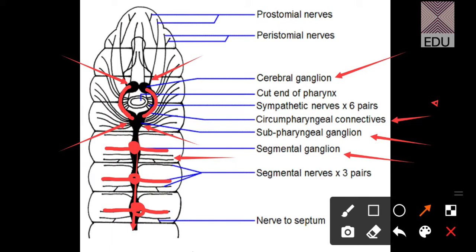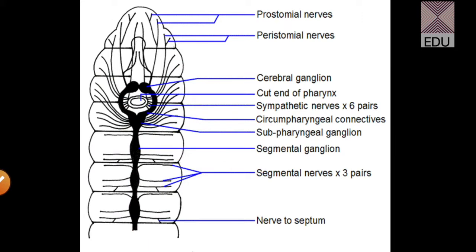These nerves will not go to the next segment. These segmental ganglia are present in each and every segment, and they give off the segmental nerves to the whole segment for controlling that particular segment of the body. So that was the case of the central nervous system. Now if we take this same diagram in the lateral position, it will be just like this.